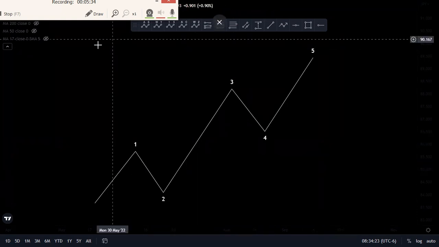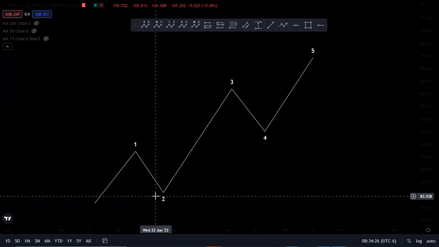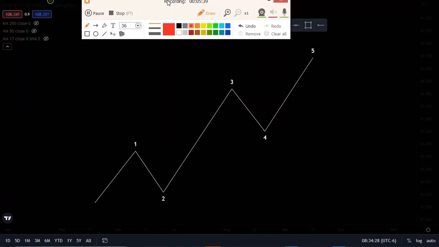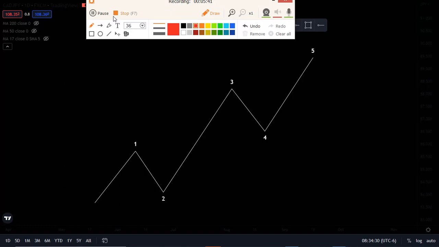So 3 of these waves, this one, this one, 3 and 5, affect the direction or impel direction of the overall form.